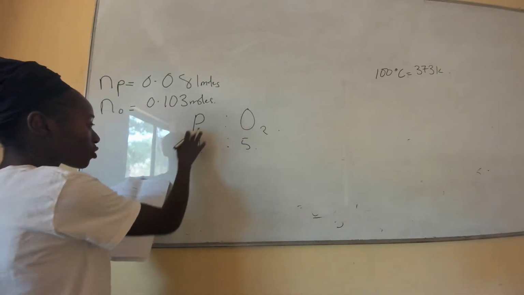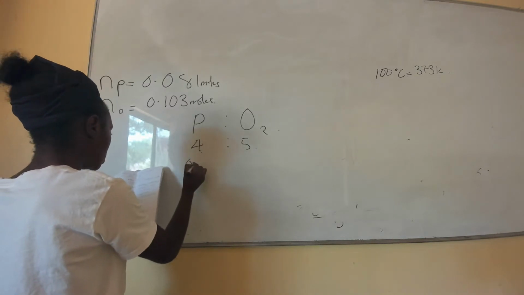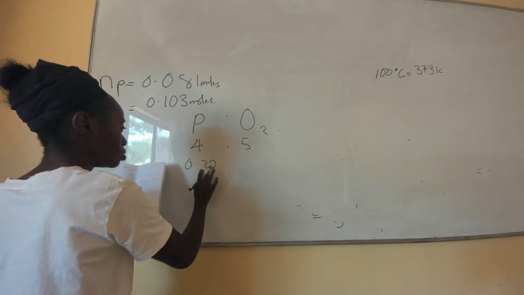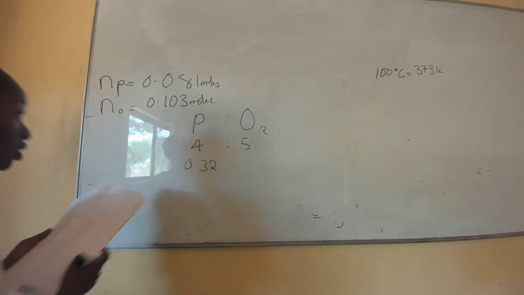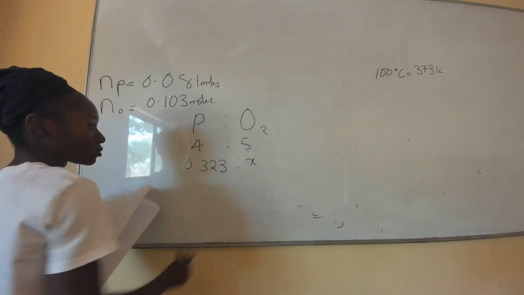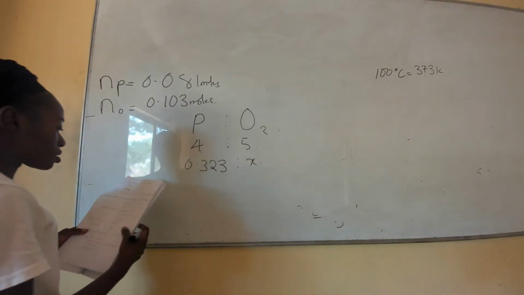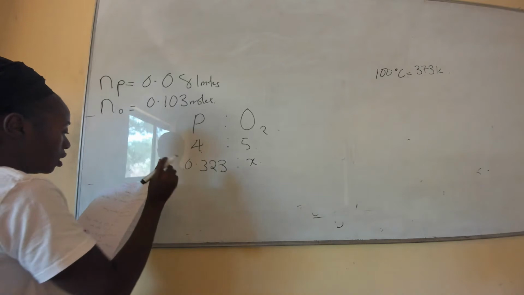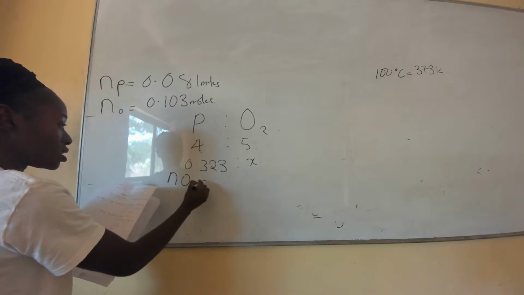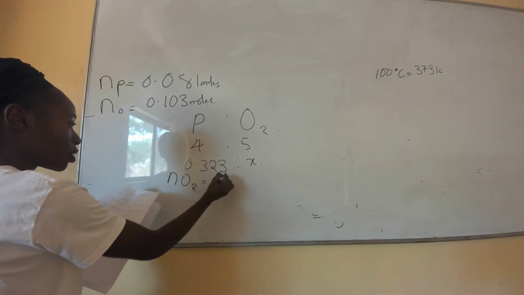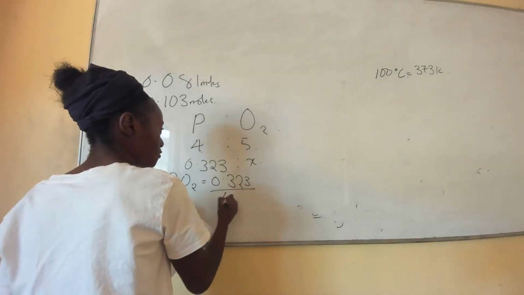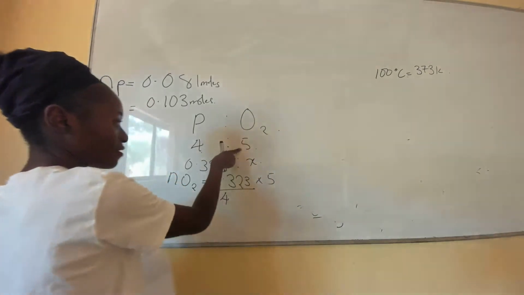So the mass of phosphorus that reacted, we found was 0.323 to X. Then from here we just solve the value for X. So we're going to divide the 0.323 by 4, and then multiply it by 5, which is the 5 there.